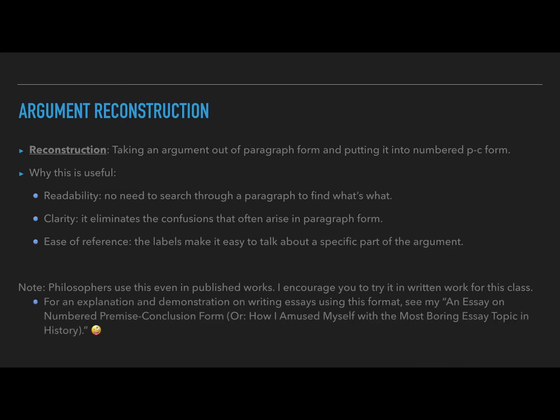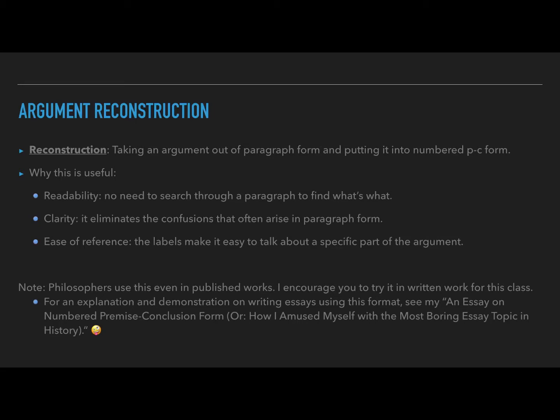And if you want an explanation and a demonstration of how you would use numbered premise conclusion form in writing essays, short essays, longer essays, then I would suggest taking a look at an essay on numbered premise conclusion form, or alternative title, How I Amused Myself with the Most Boring Essay Topic in History. So one day in a class, people were asking me, how do you add this to an essay?